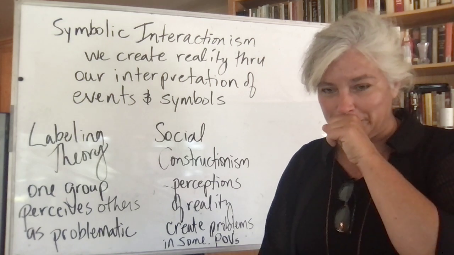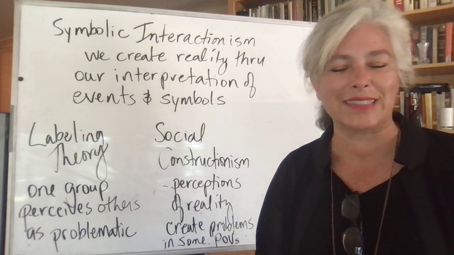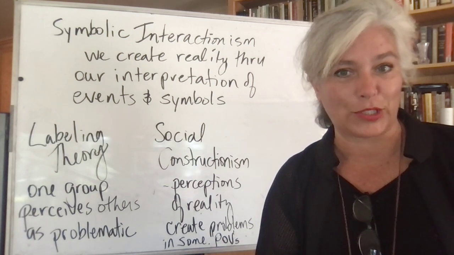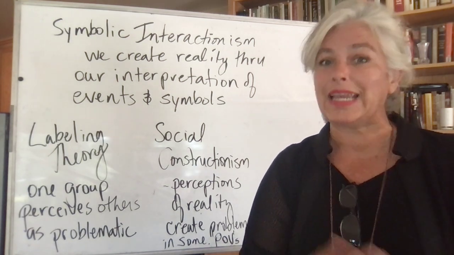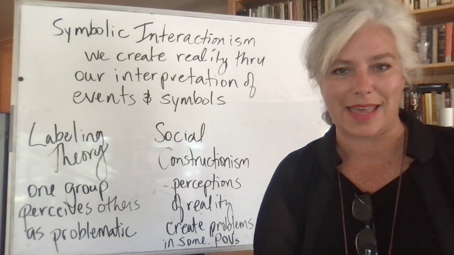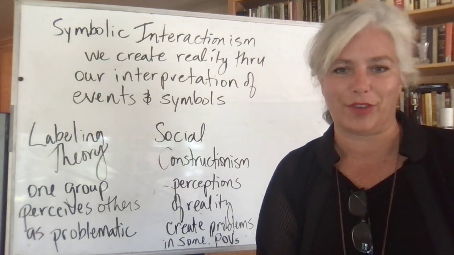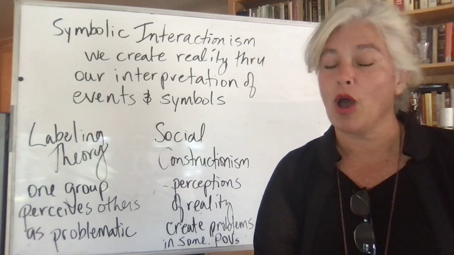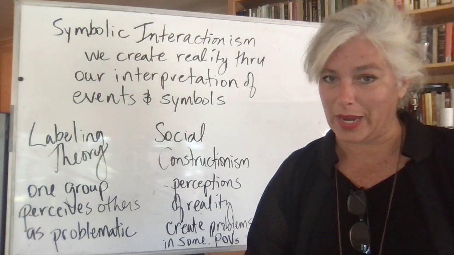And so, please read about these concepts in your textbook, and you've got a lot of opportunity to write about any of these three theories, these three points of view, functionalism, conflict theory, or symbolic interactionism, for your reaction paper this week.